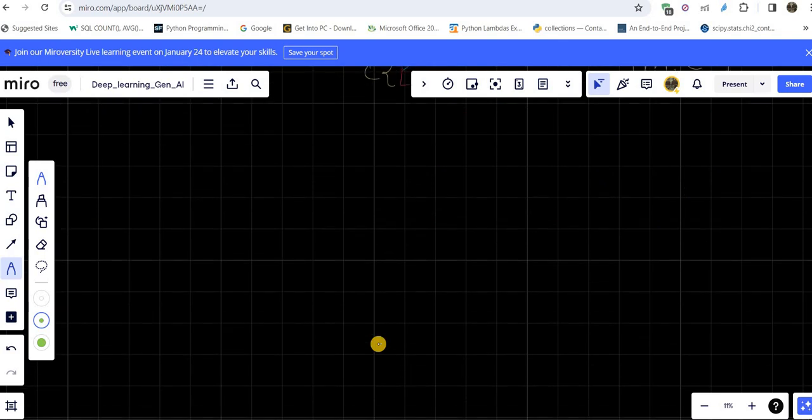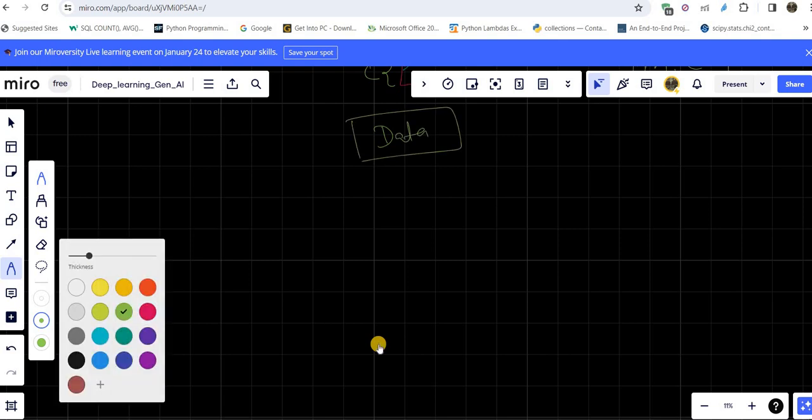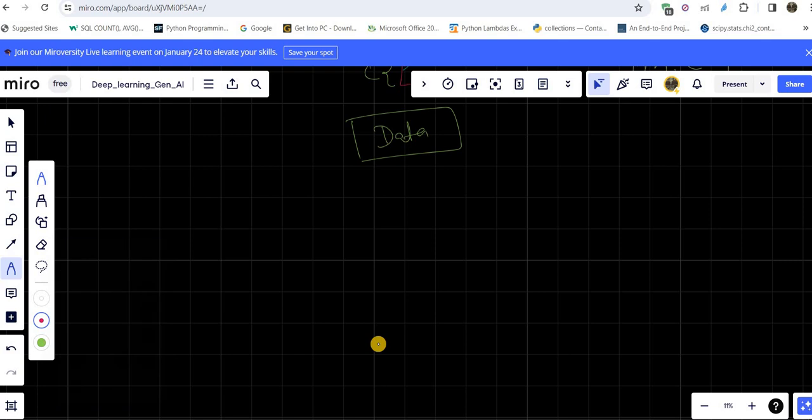And the data pipeline, how does it work? Let us suppose you are working on a regression problem and this is your data. Before reading the data, what is the pipeline?